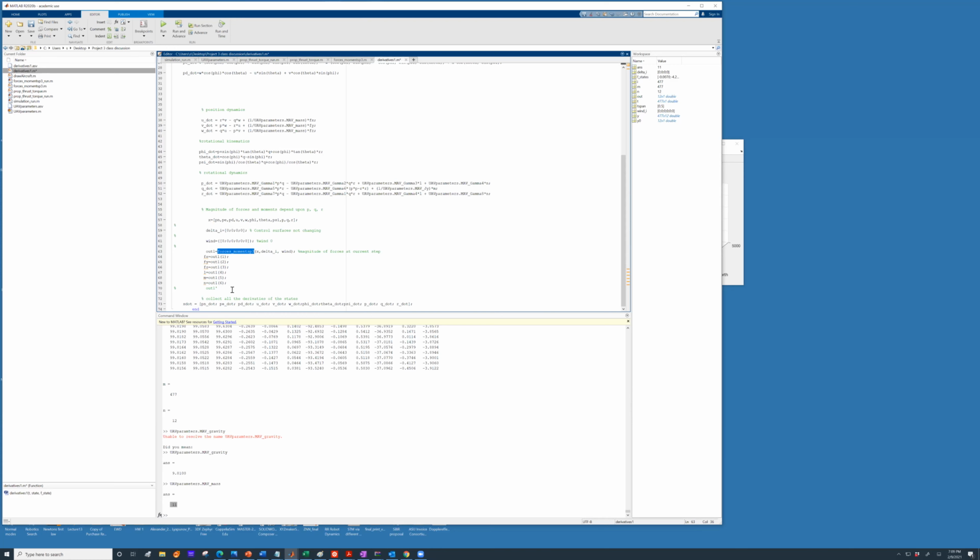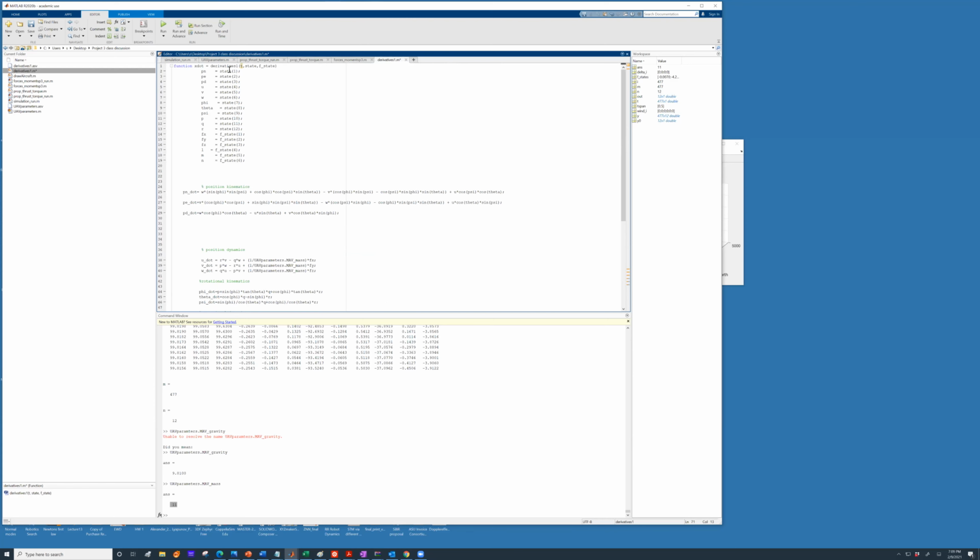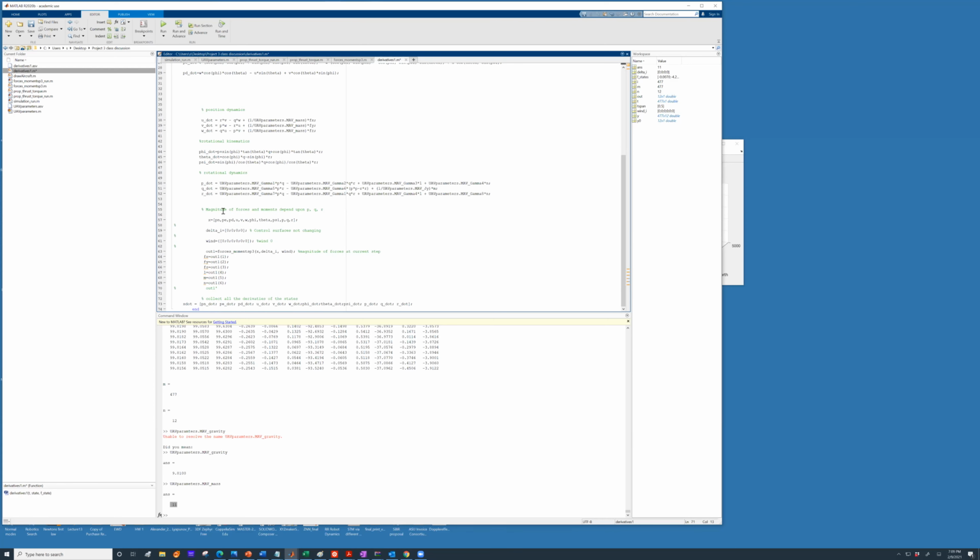And last but not least, what we need to do is take the output of the force moments and map it to fx, fy, fz, l, m, and n. So right now what this code is going to do is take all these values.